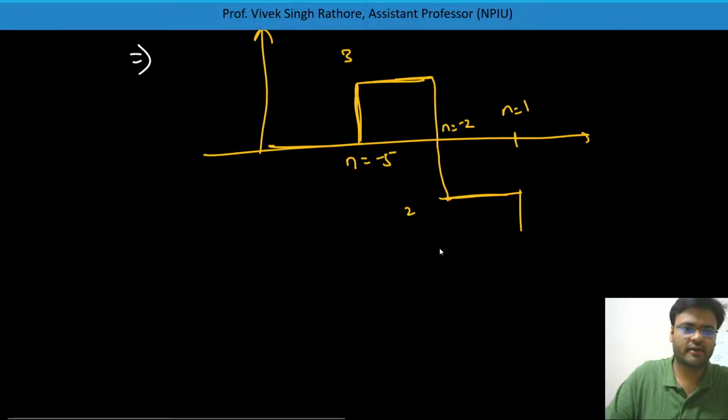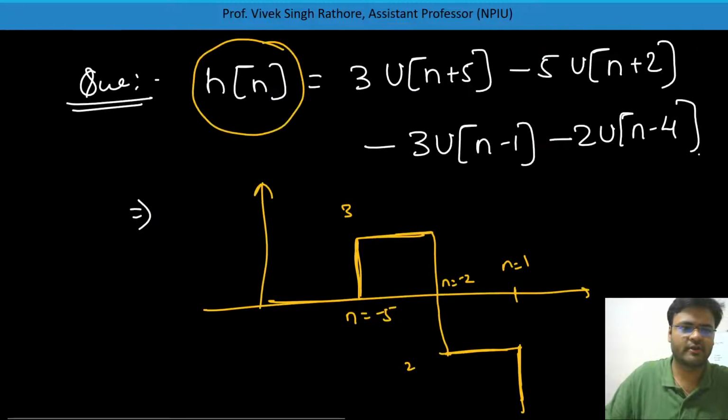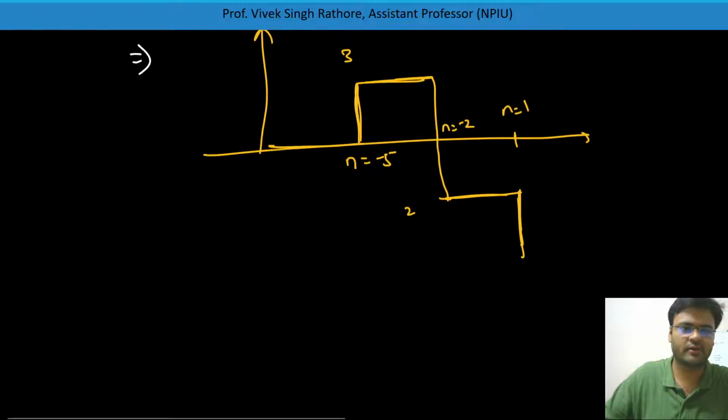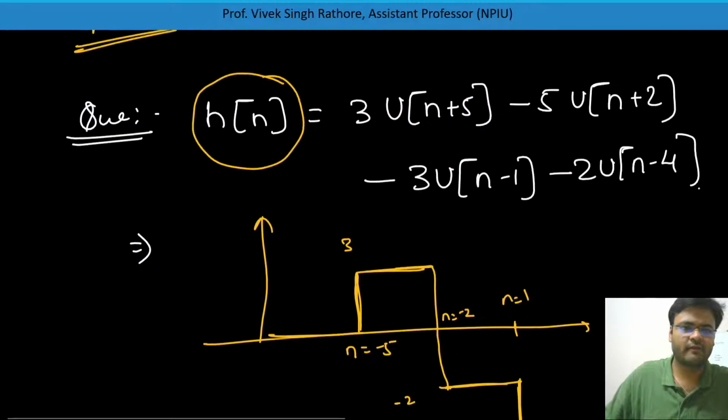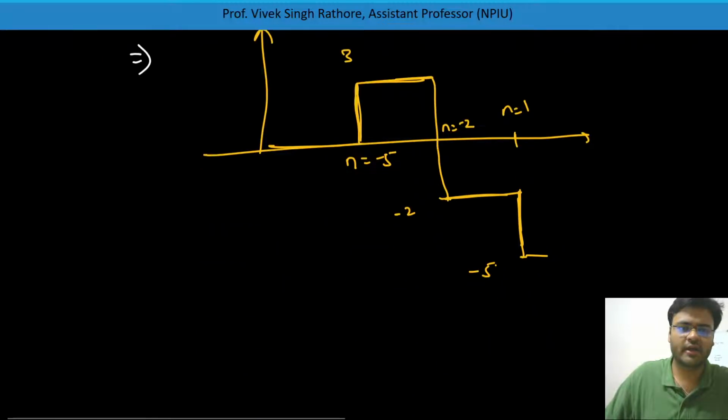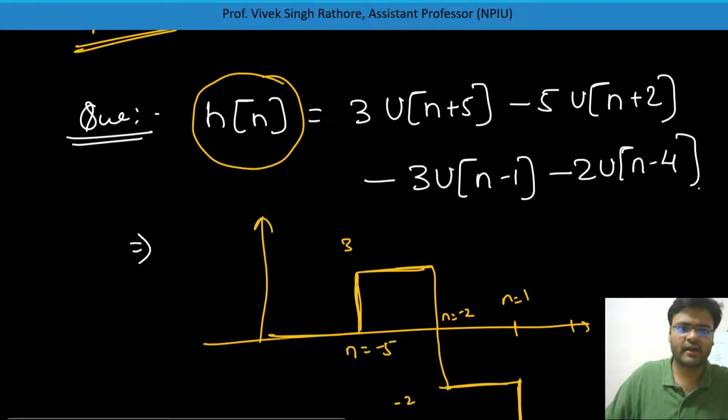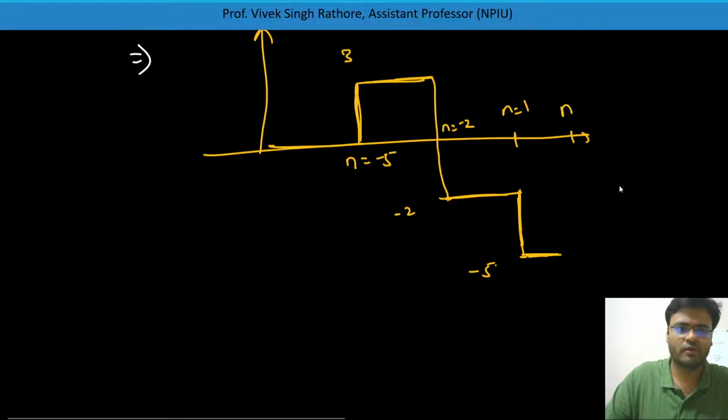It will again decrease, till minus 2, so it will come to minus 5 here and go on like this. Then for u of n minus 4, with n equal to 4, minus 2, it will again decrease, and this is minus 7, and this will go on like this.